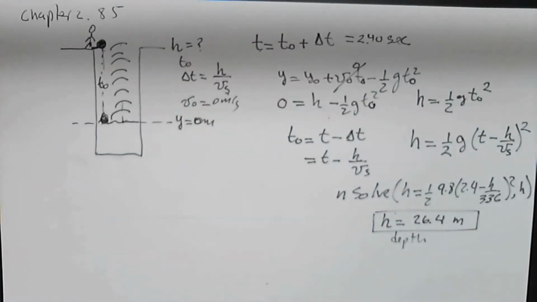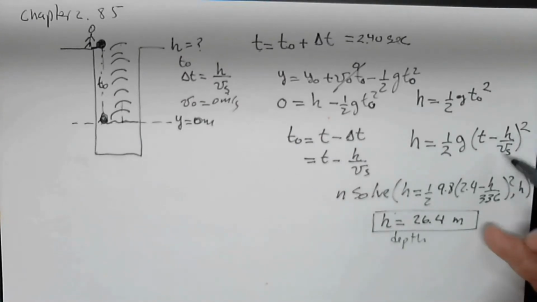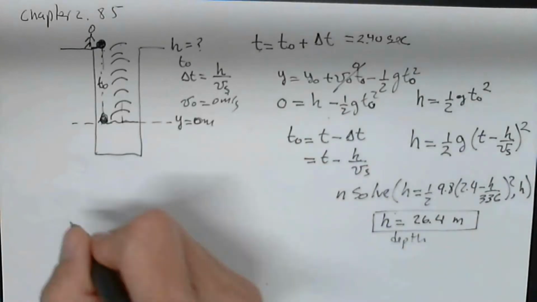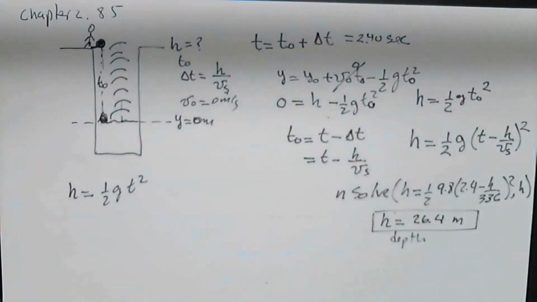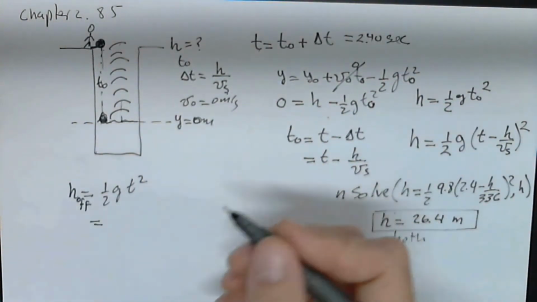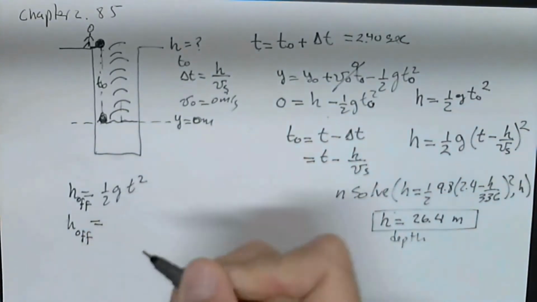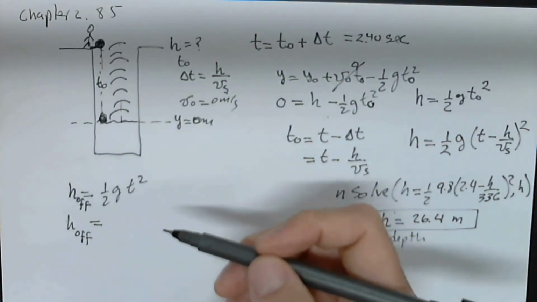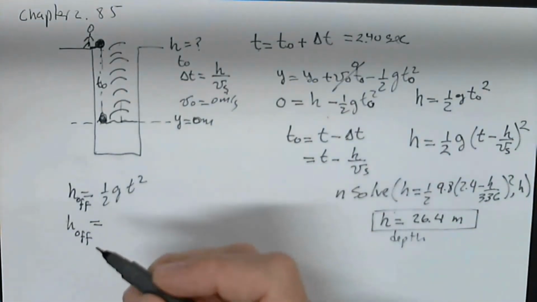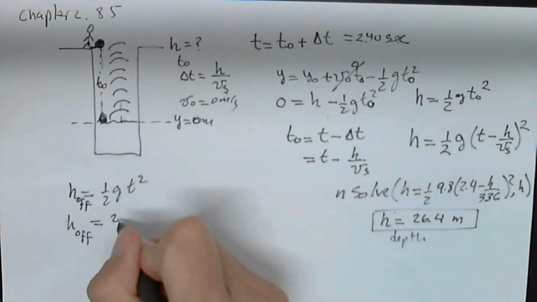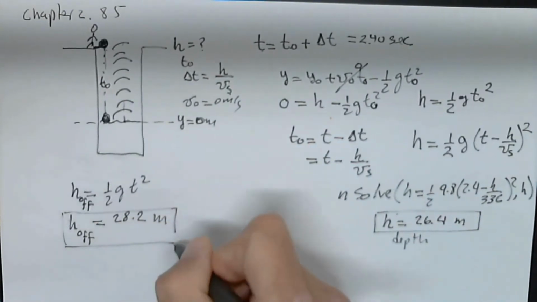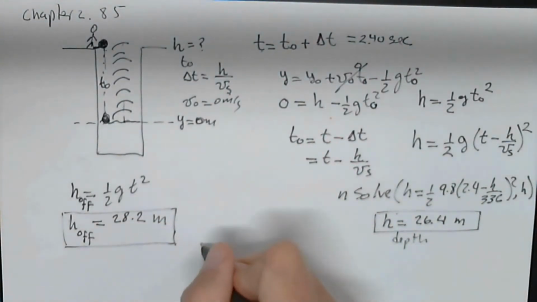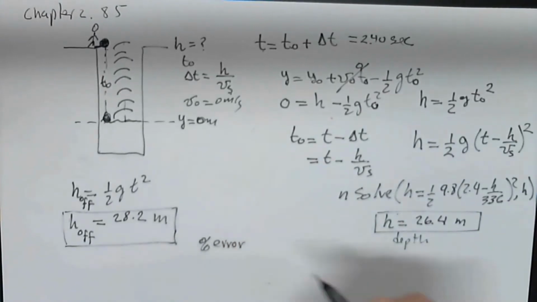Okay, suppose that you don't consider the speed of sound, you don't consider this term over here, then the height is just 1/2 g t squared. I would call it H off, because the overestimation is going to be deeper than what actually is, and it is 28.2 meters. What is the percent error? That's the second question.